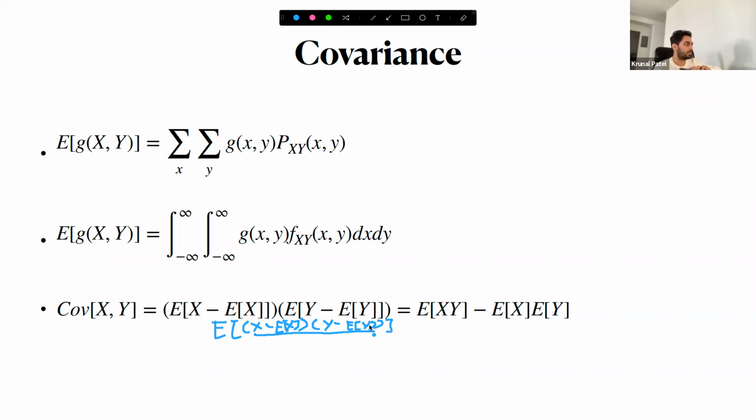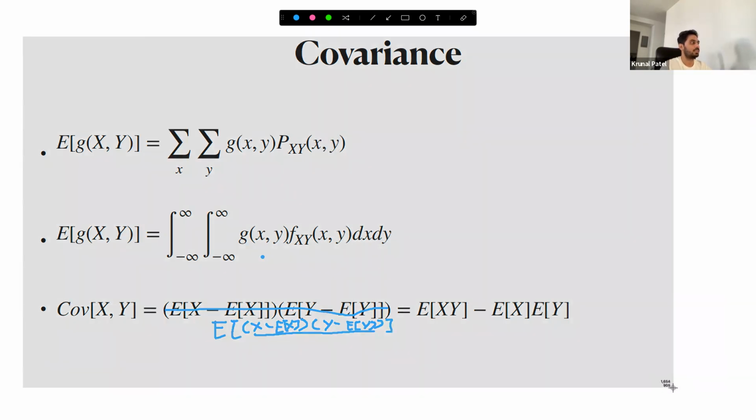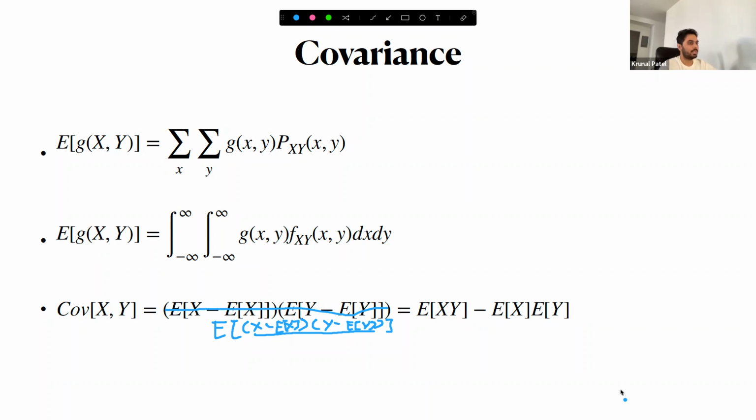Yeah, so that's the correction. This is the correct formula. Let me take a screenshot of the wrong formula so that we don't lose that. Okay, let's carry on.